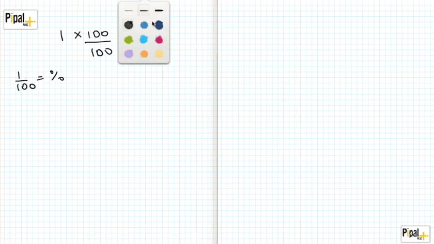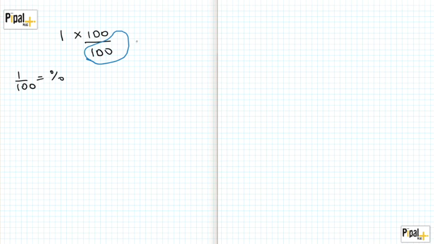So I could remove this part, change this part 1 upon 100 into percentage, right? So we get this becomes equal to 100%. That means 100% equals the number 1, right?